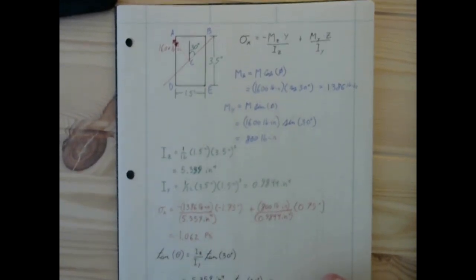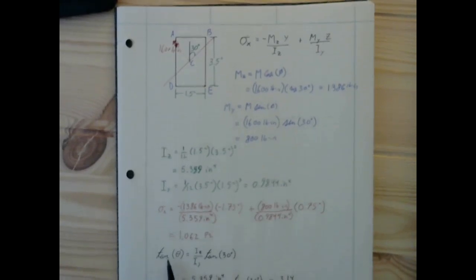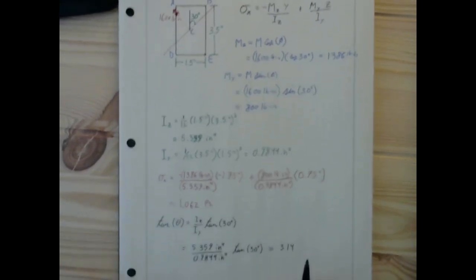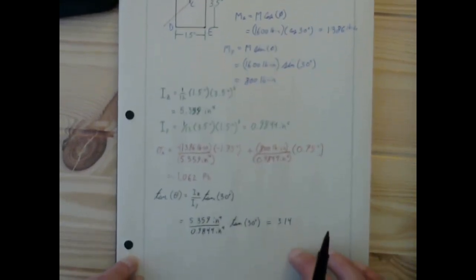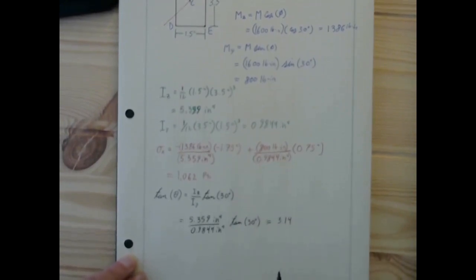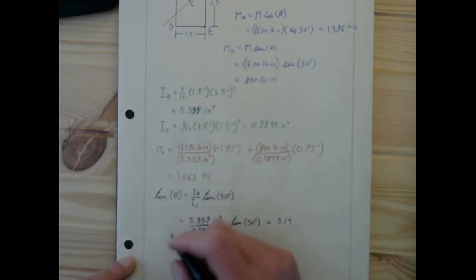That gives us just about pi, 3.14, which is the tangent of theta, not theta itself. Let's be careful about that. It's not spitting out radians, it's spitting out a ratio.